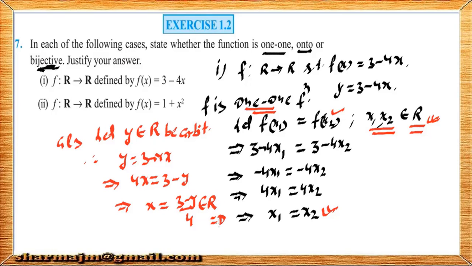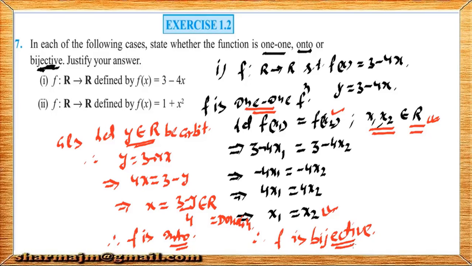So for each y in codomain, there exists some x in domain. Therefore f is onto, and f is 1-1 and onto. Therefore f is an invertible function, and we can say f is a bijective function.